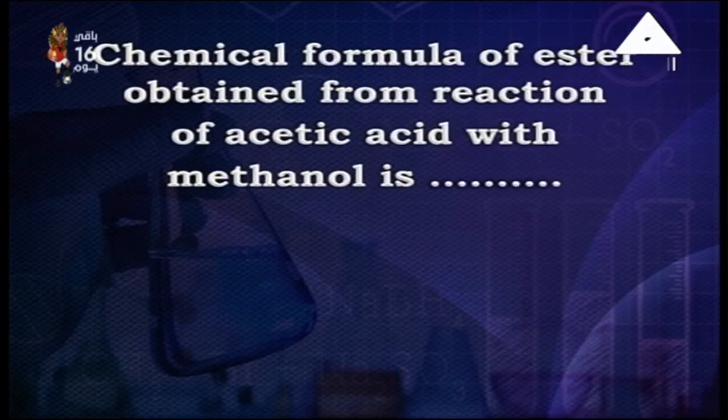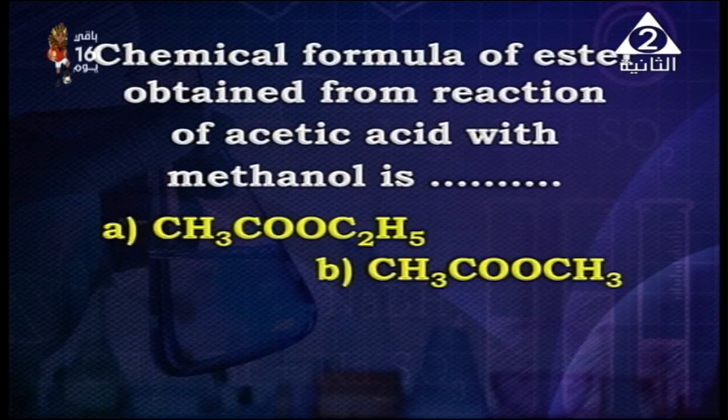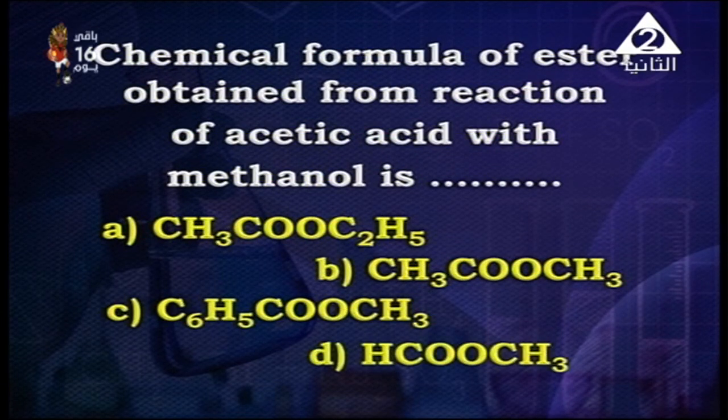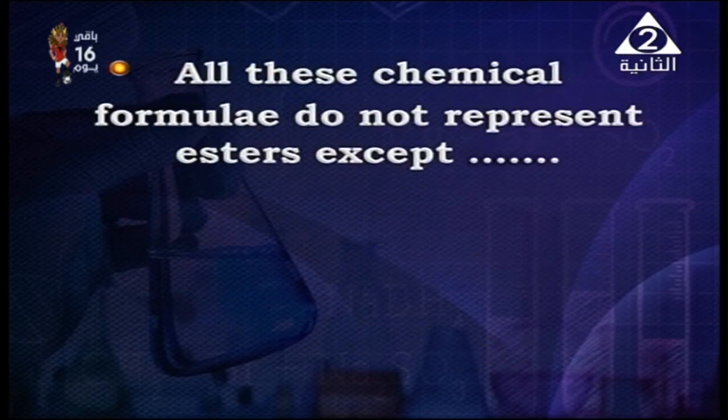Next point. What is the chemical formula of the ester obtained from the reaction of acetic acid with methanol? Is it CH3COOC2H5, CH3COOCH3, C6H5COOCH3, HCOOCH3? Yes, it will be CH3COOCH3. Next point.